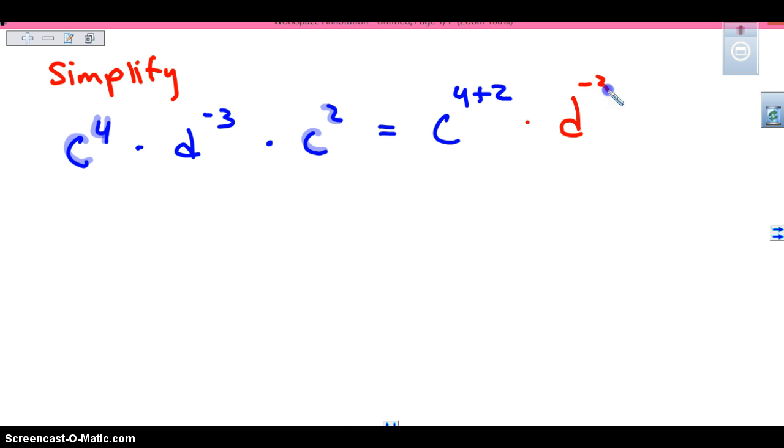It just stays, right? So this would equal c to the 6th power d to the negative third power. But when we're simplifying, can we have negative exponents? No. What do we do to the negative exponent to make it positive? You have to put it in the denominator, right? So this means c to the 6th power over d cubed.